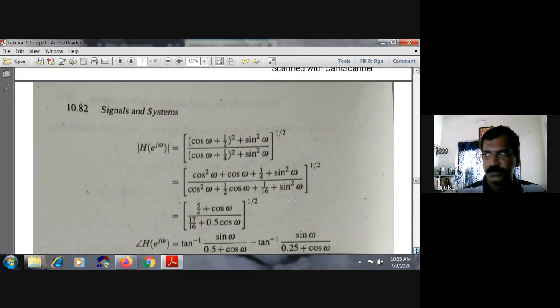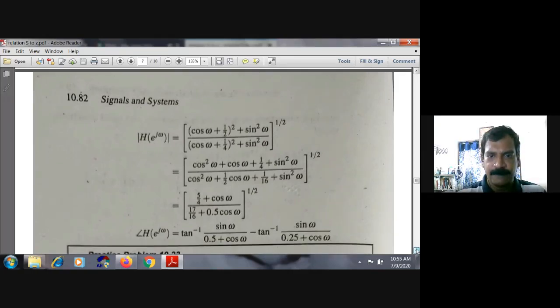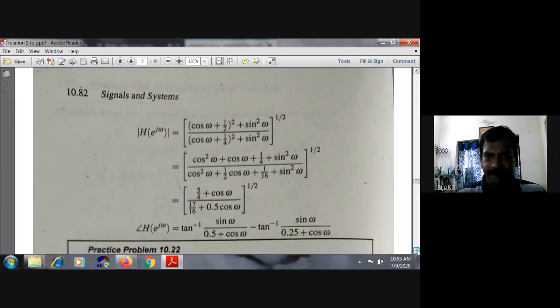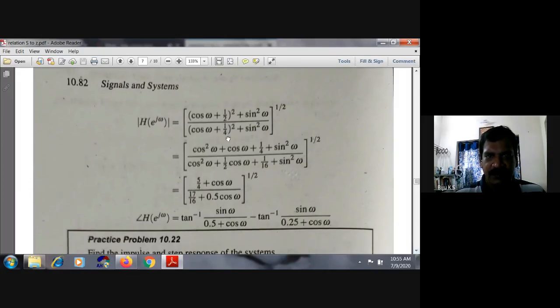So it is equal to the root of the real term square plus the imaginary term square. What is the real term square? Cos square omega plus 1 by 4 plus the omega term.